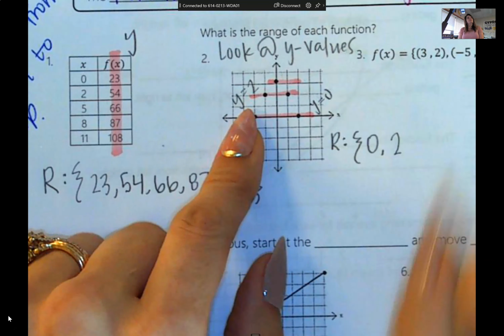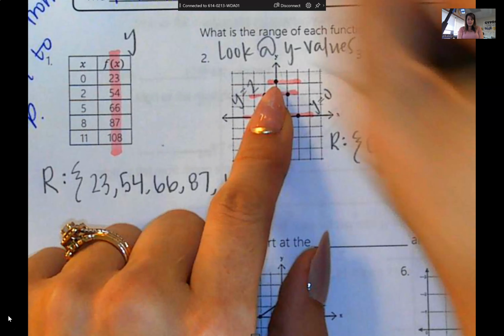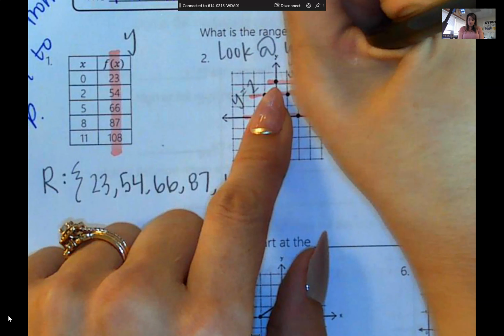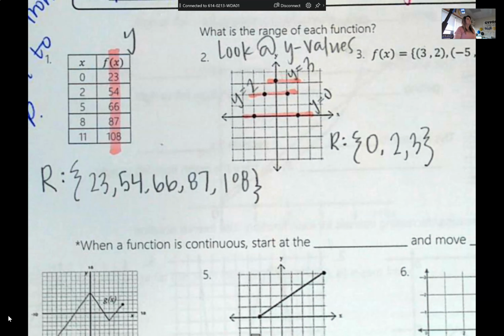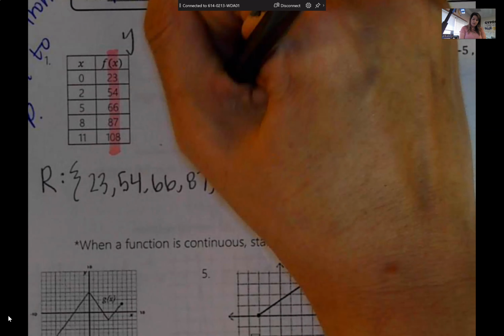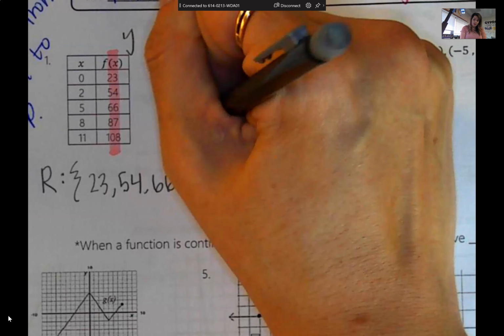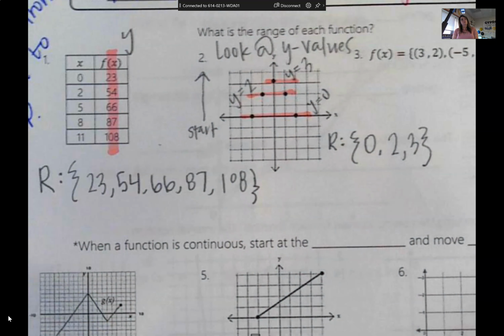So y can be 0, 2, or this one is a y of 3. The only y values that this function can take on are 0, 2, and 3. We start at the bottom and we move up.